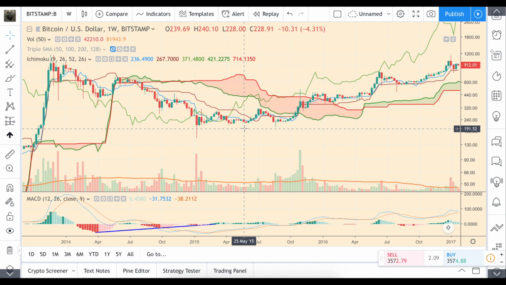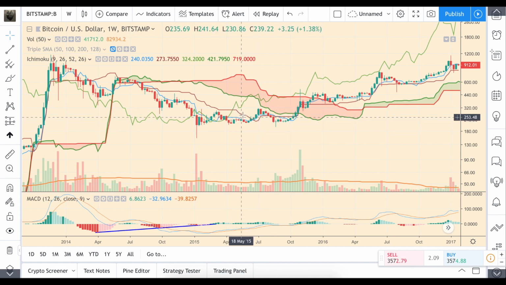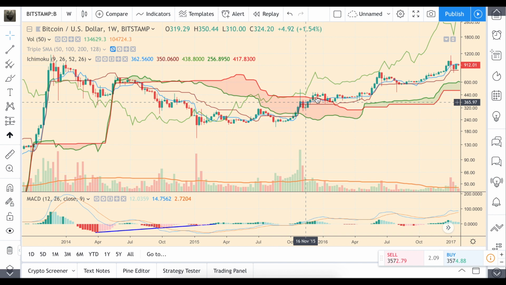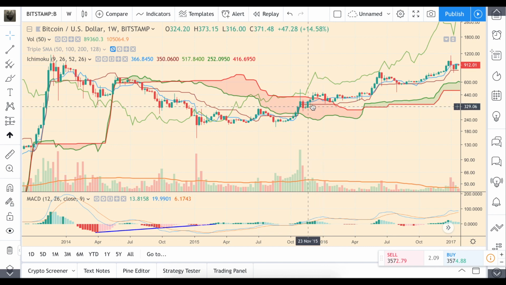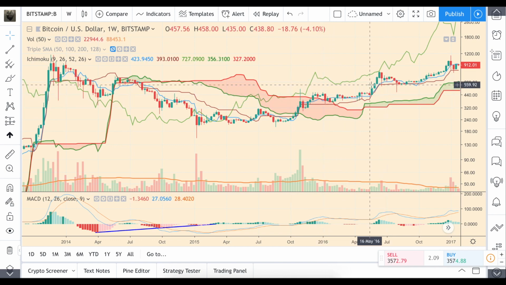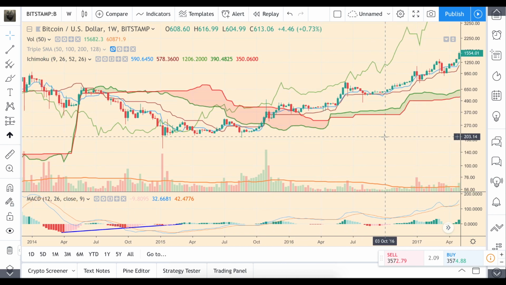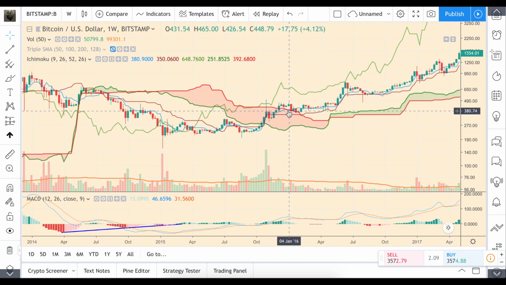If the short term one, which is blue, crosses the deep red one, then you would have a signal to buy. At this point, you saw the blue started playing with the red, and then it finally appeared higher than the red, and then the price crossed the cloud, and the cloud eventually became green. So somewhere in this area, you would expect a buy signal.